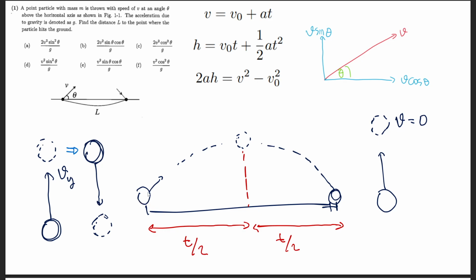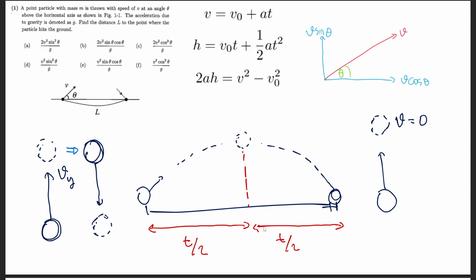When the ball is at its maximum position, the time the ball takes to reach the maximum height is the same as the time it takes for the ball to reach the ground again.